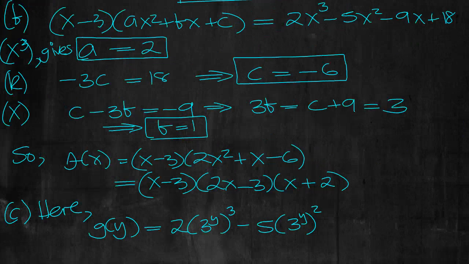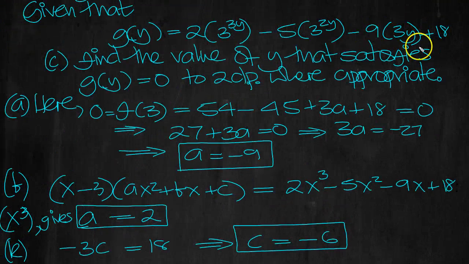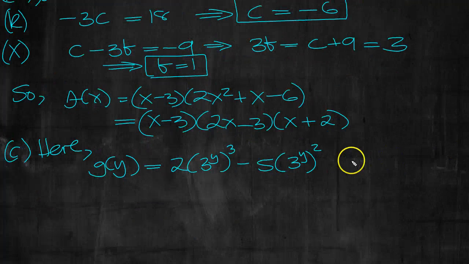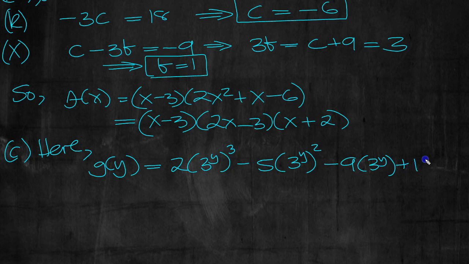The next term, minus 9 times 3 to the y, plus 18, which is equal to f of 3 to the power y, which is equal to, now we put that in for the x value, don't we? Because that's the same in form. If we have the function rule here for 3 to the y, and that's the rule, so we can put 3 to the y in here, can't we?